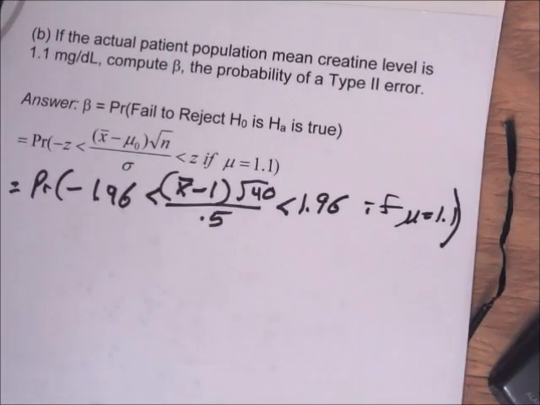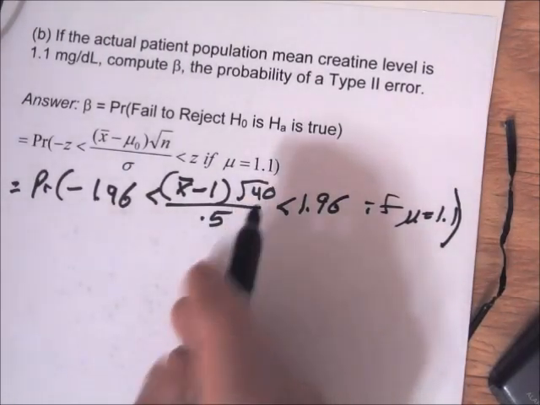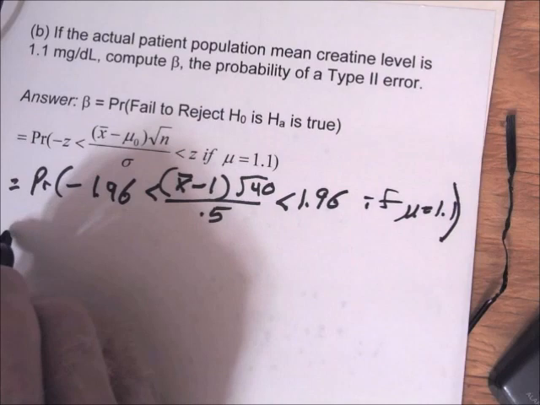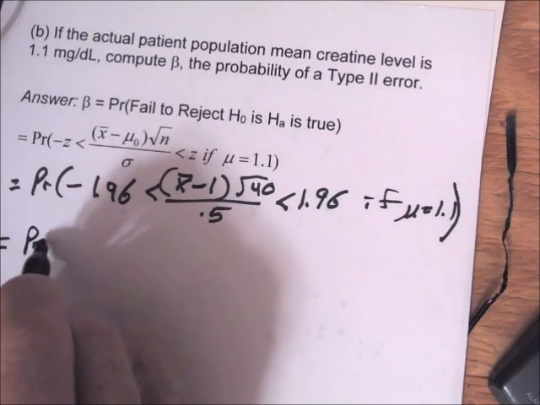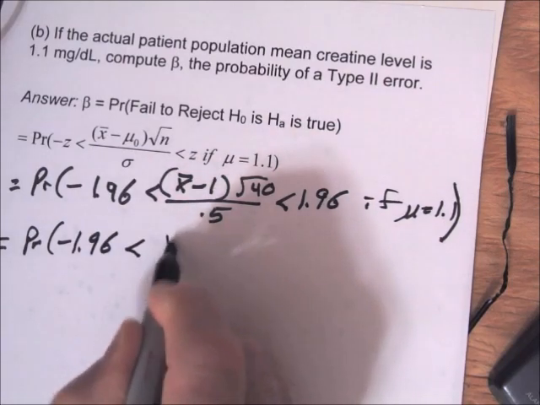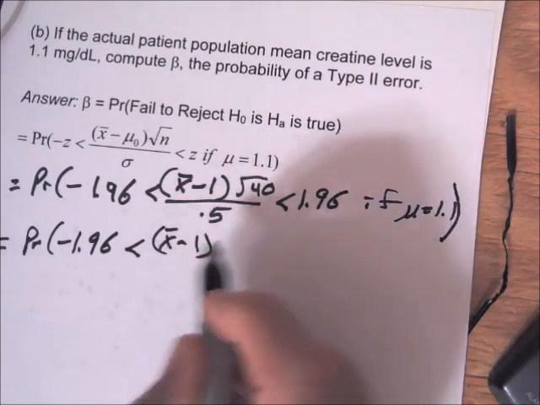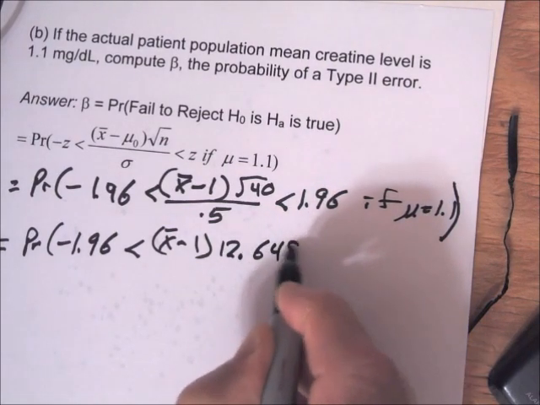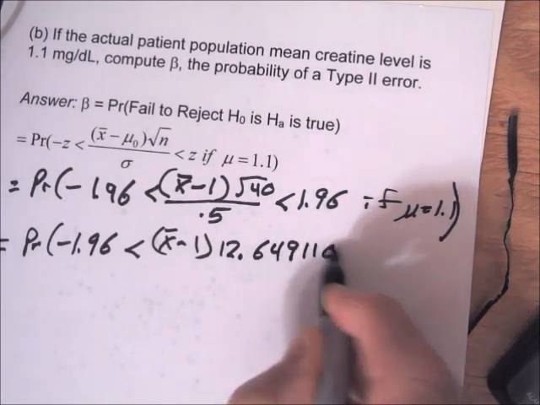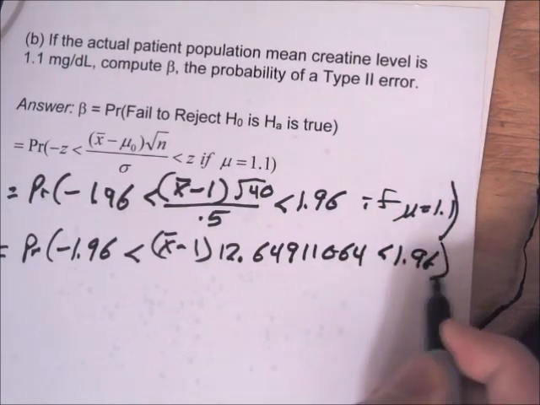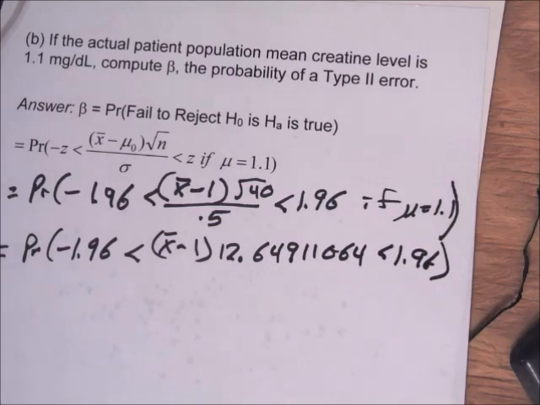Okay, so we can compute square root of 40 divided by 0.5 on the calculator. That's 12.6 something. So this is equal to the probability of negative 1.96 less than x bar minus 1 times the 12.6491164 less than 1.96, and that's if mu is equal to 1.1.